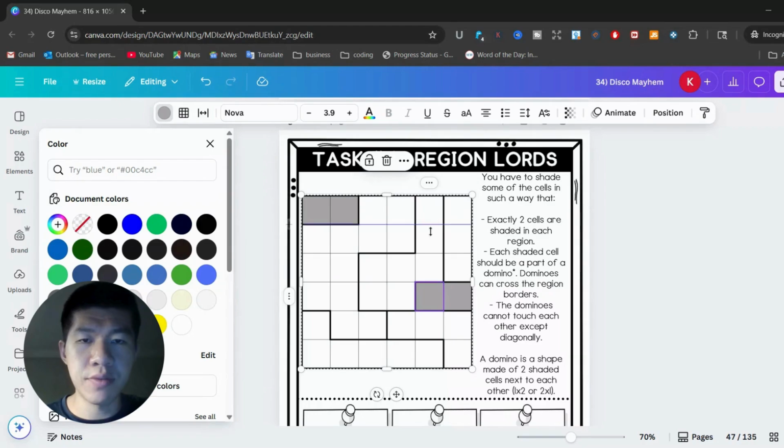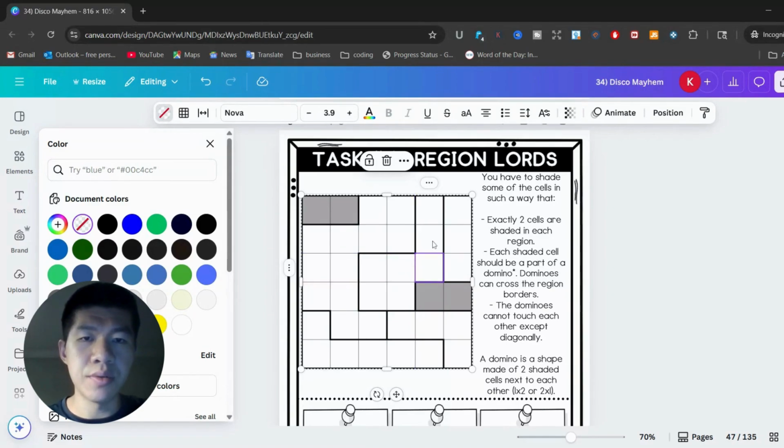So let's say for this particular region, if you can follow my mouse, this is one region right here. If I try to pick out which two cells to shade in here, I know I can't shade in here because this will be adjacent to this cell. And I can't shade in here because this is also adjacent to this shaded cell right here.